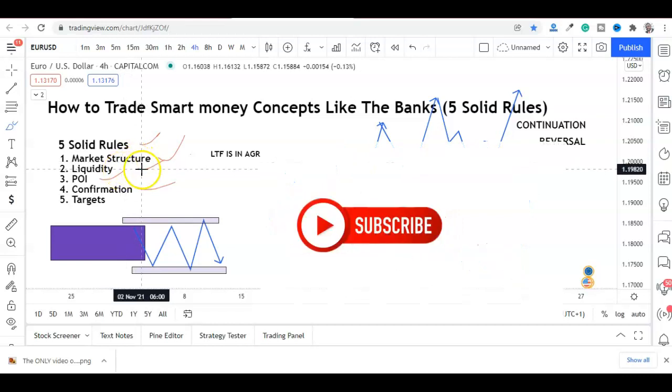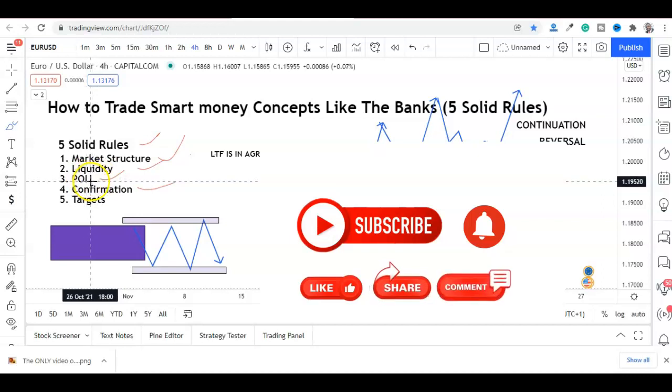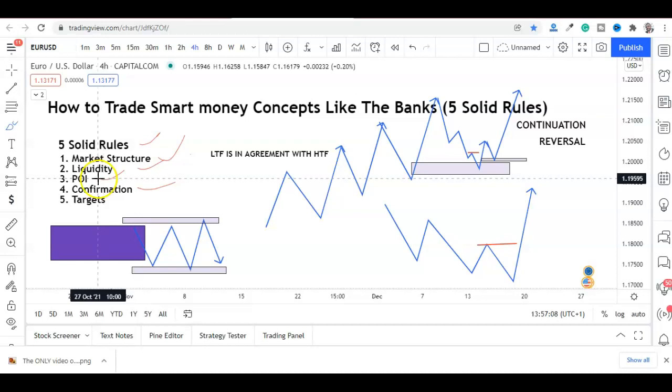If there is liquidity, you take that. Liquidity and point of interest should go hand in hand. You don't want to pick point of interest in isolation. You must attach it with liquidity, because that makes the point of interest a high probability point of interest.